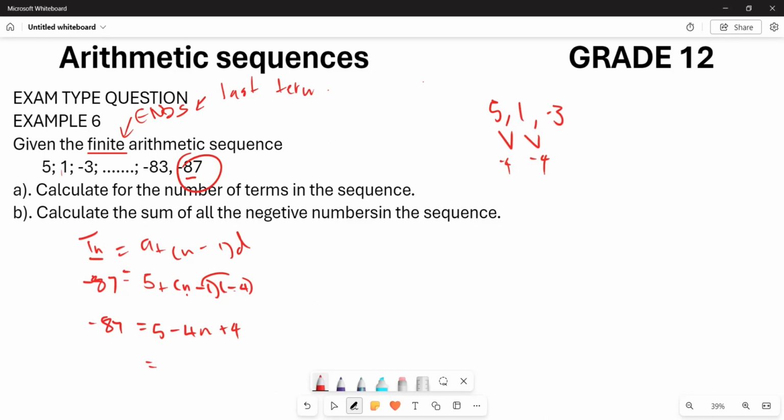Now this particular 9, what are you going to do with it? You're going to transpose it to the other side. So this is going to be -4n, and this side is going to be -87 subtract your 9.